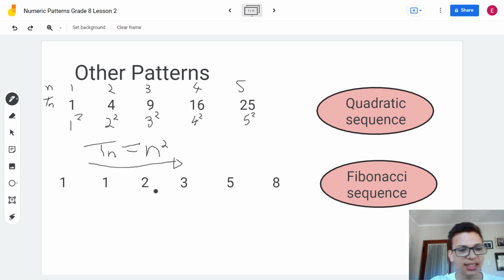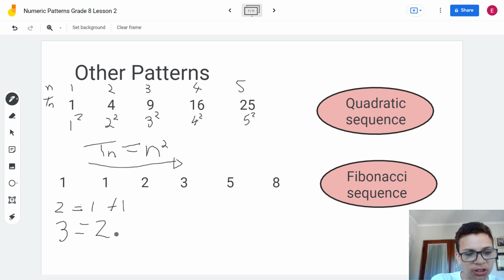And the pattern is actually, if you notice, 2 equals 1 plus 1. 3 equals 2 plus 1. 5 equals 3 plus 2. And 8 equals 5 plus 3.